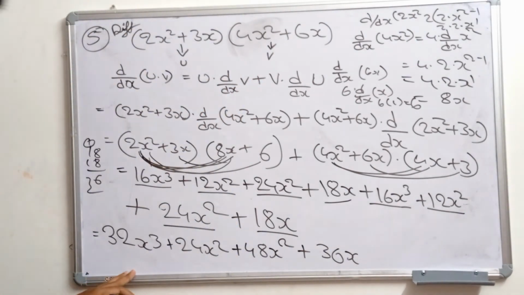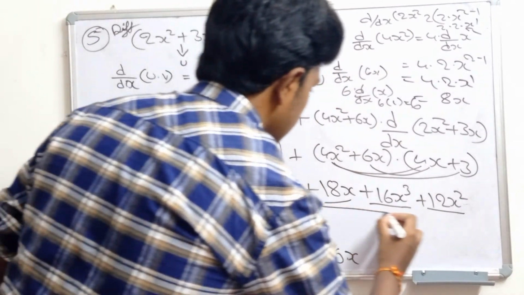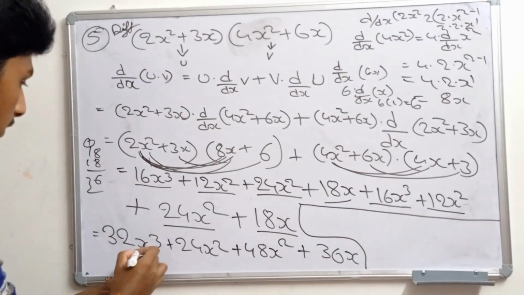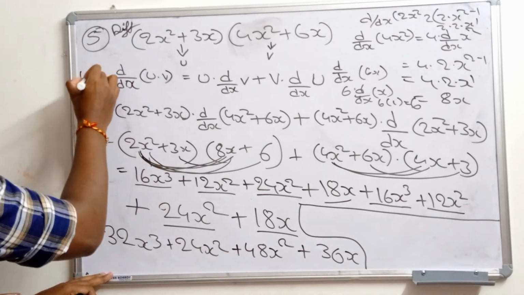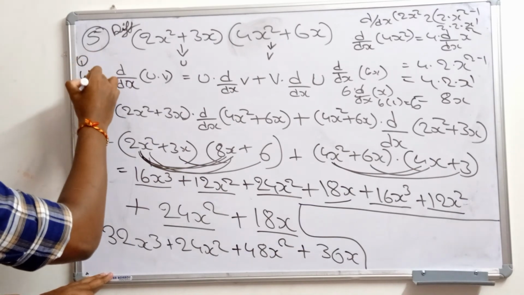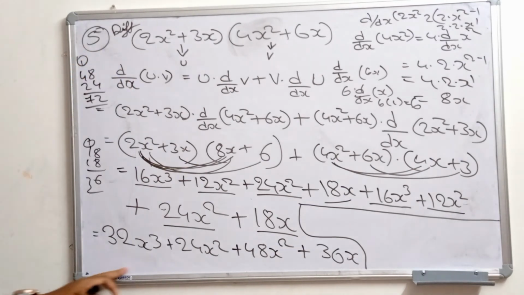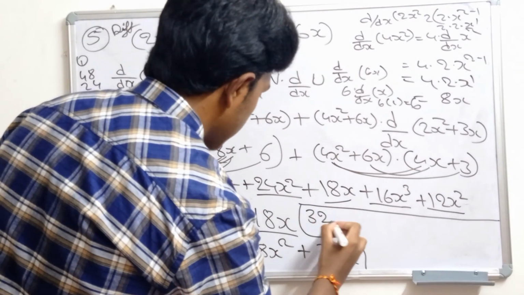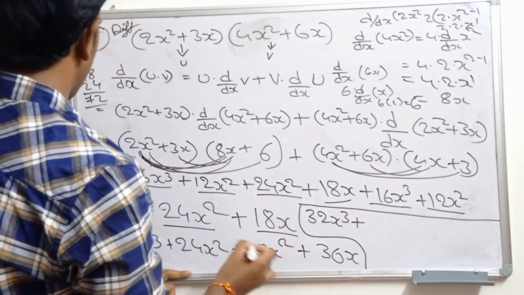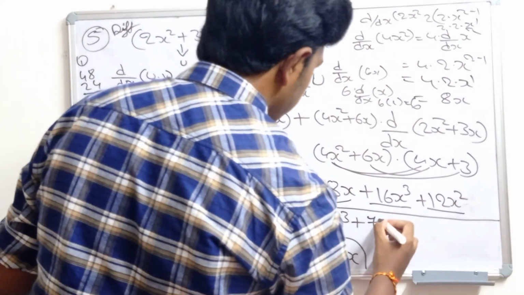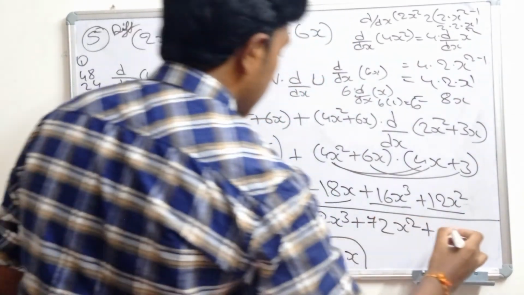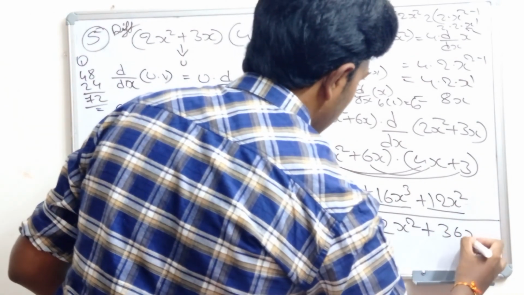So just a minute, I'll be writing the final answer here. 32x cube, plus 24 and 48 means 72x square, plus 36x.